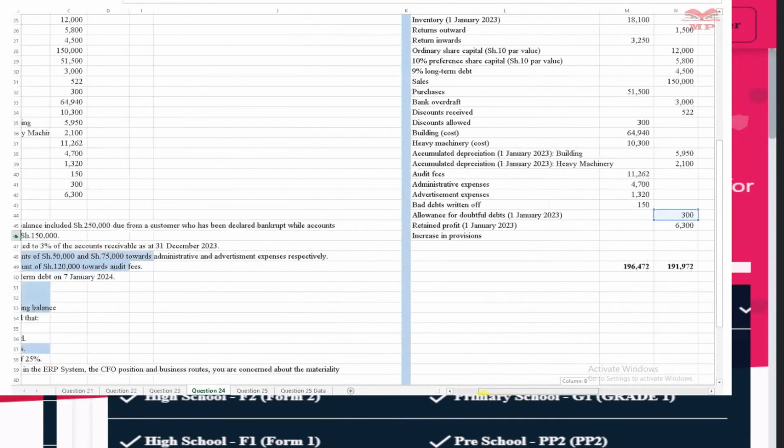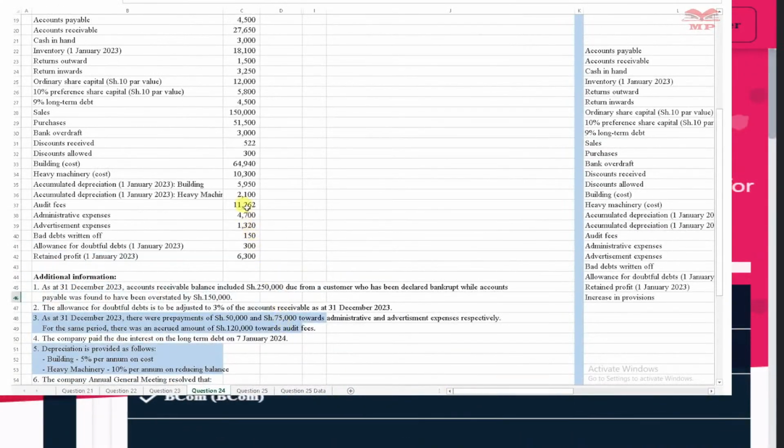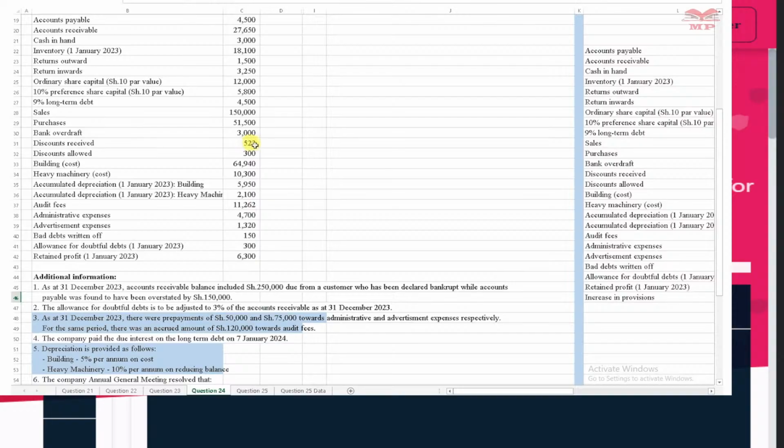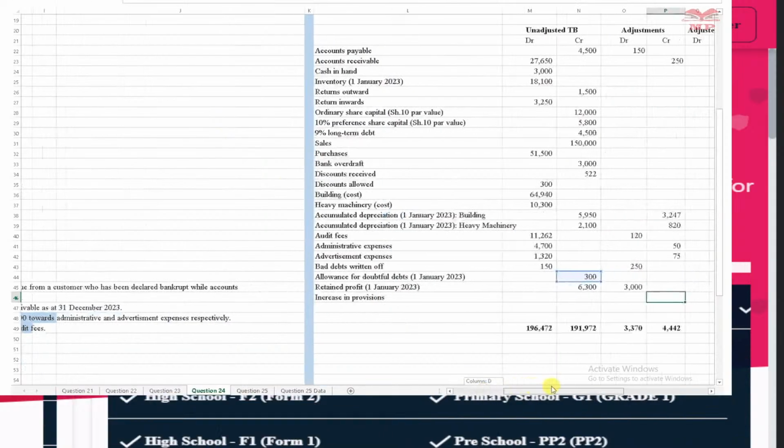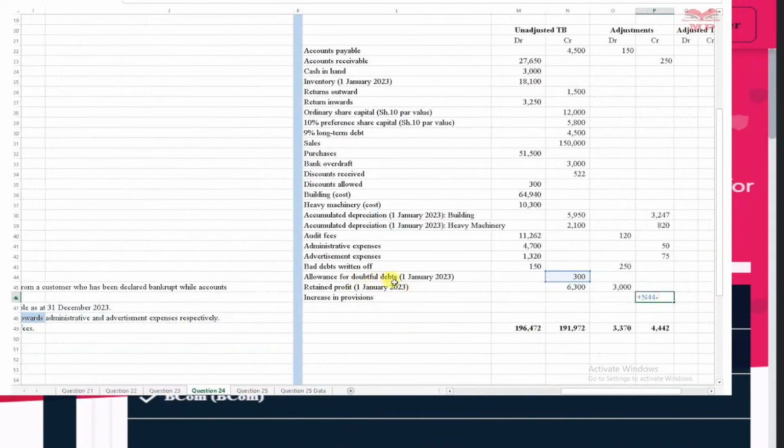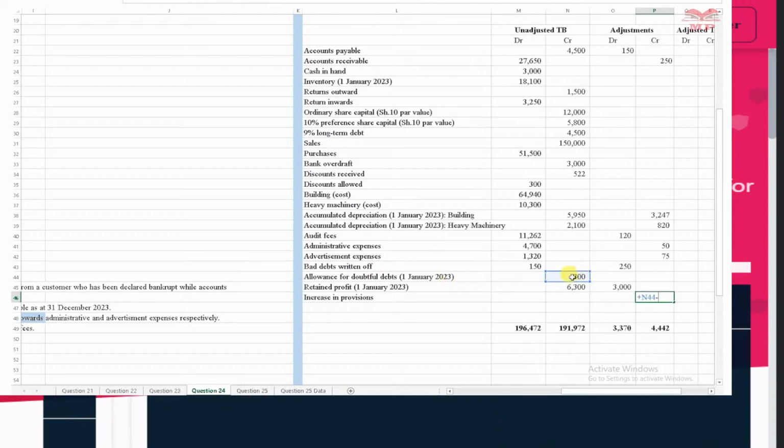Remember, we have been told that there's going to be discount received of 522. So the difference between the discount received, we pick the discount received and we subtract the allowance for doubtful debts, 300.